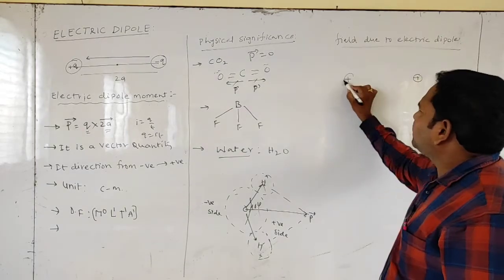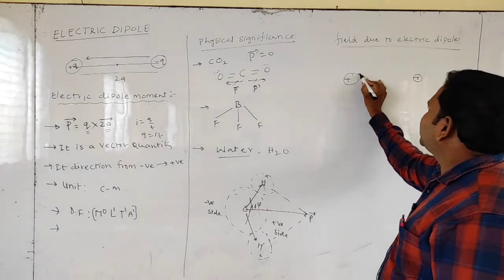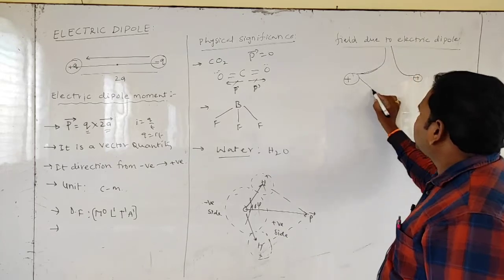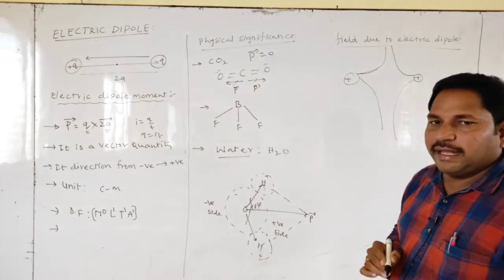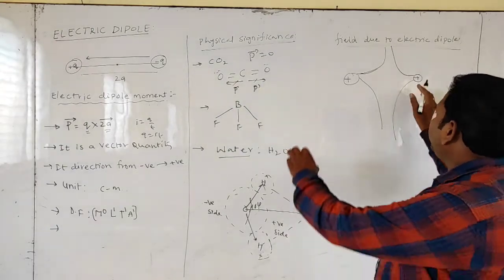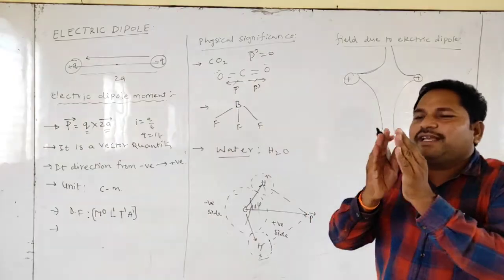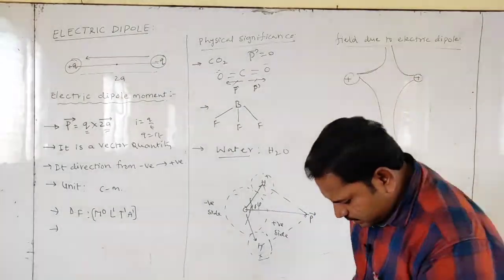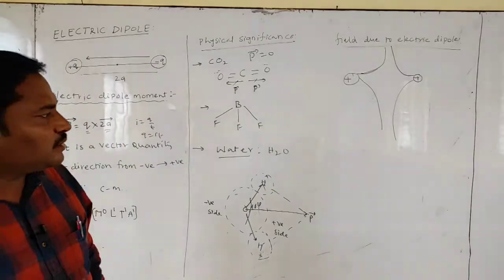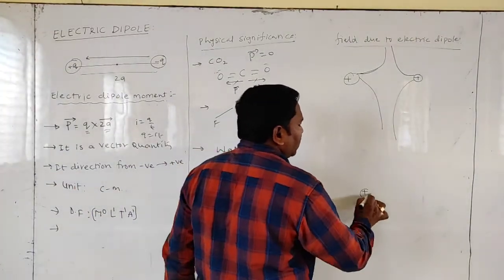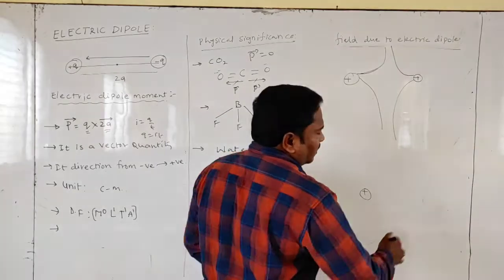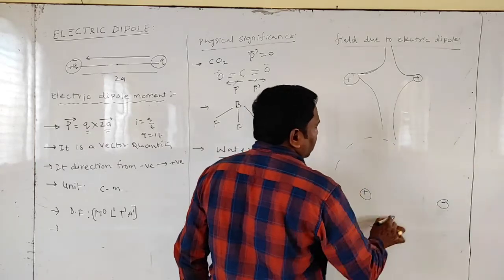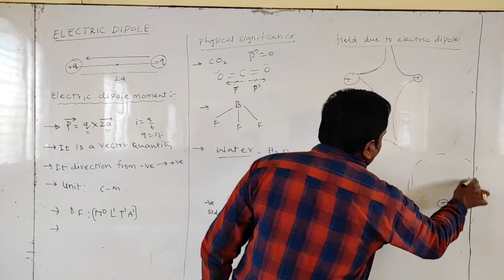Each produces a field, so the electric field lines are like this. If we separate them, the field lines are like this. When we place a positive charge, a field is produced around it, and the negative charge also produces a field around it.